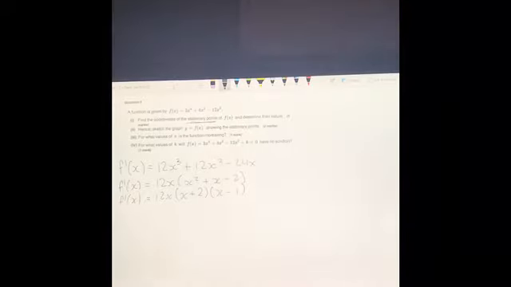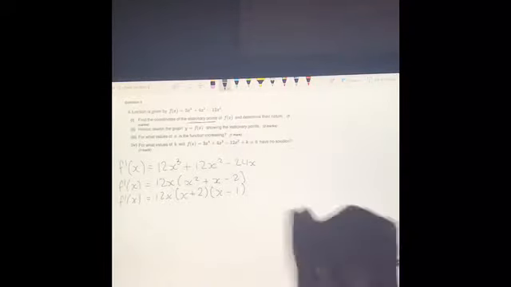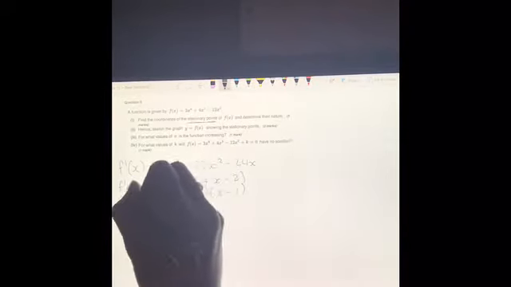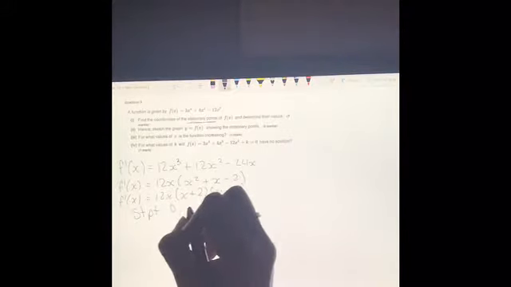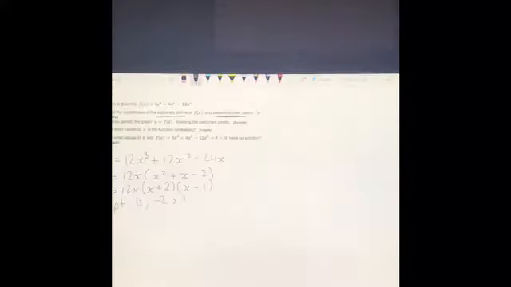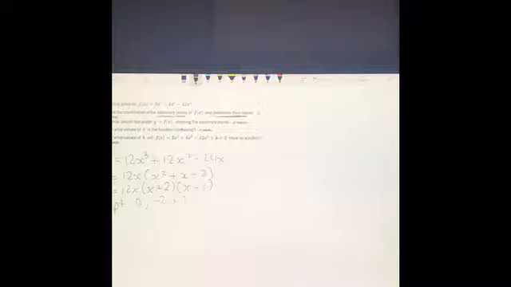And the positive will be 2, the negative will be 1. Then from there, we can gather that our stationary points are 0. So when that turns to 0, this will equal 0. Negative 2 and 1.